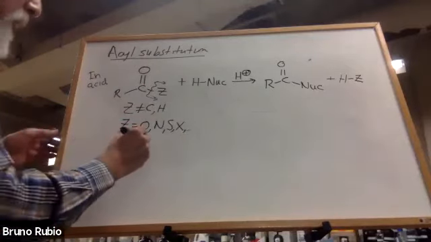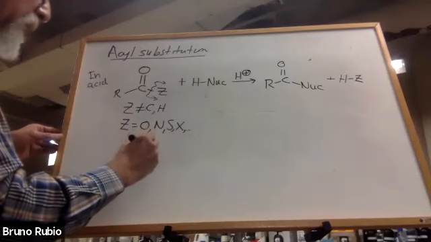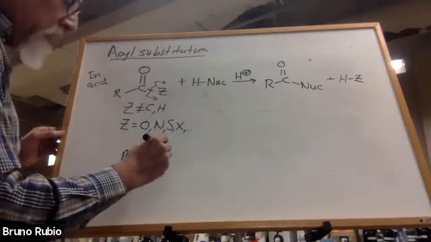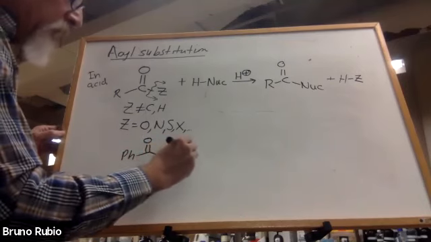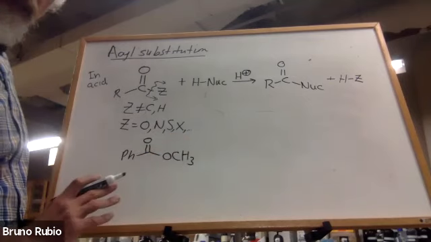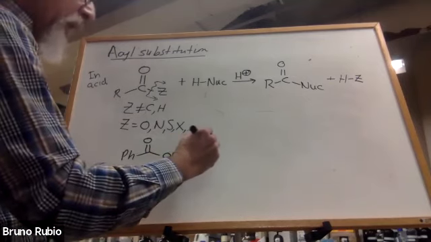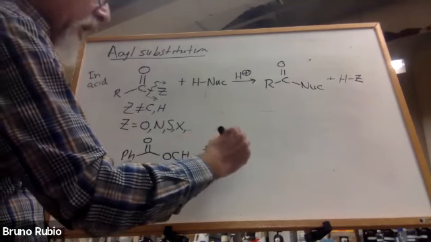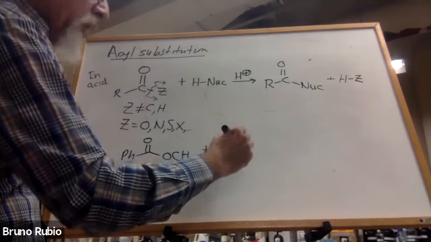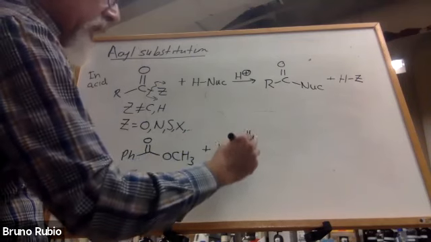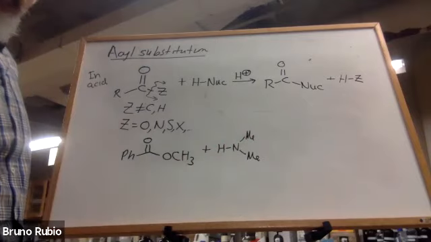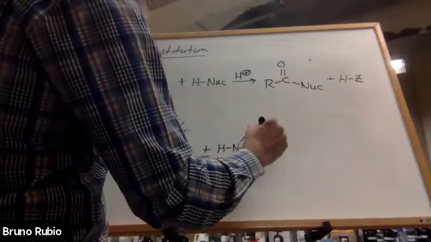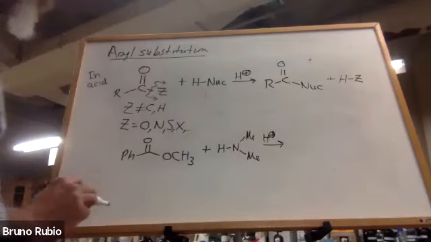Okay, so a concrete example of this reaction, acyl substitution under acidic conditions, would be something like, okay, there's the acyl derivative. It's a carbonyl carbon. It's bonded to something that's not carbon and not hydrogen. Now let's bring in the nucleophile. The nucleophile could be this secondary amine. So the nitrogen, that's the nucleophilic atom. It's under acidic conditions, so the nucleophile is entering with a proton on the nucleophilic atom.